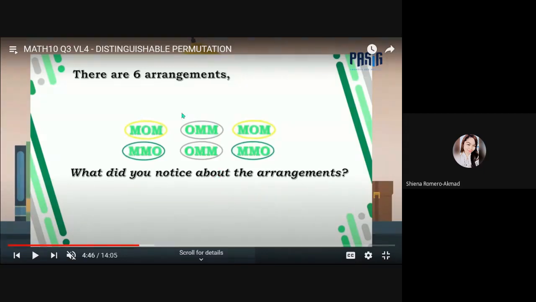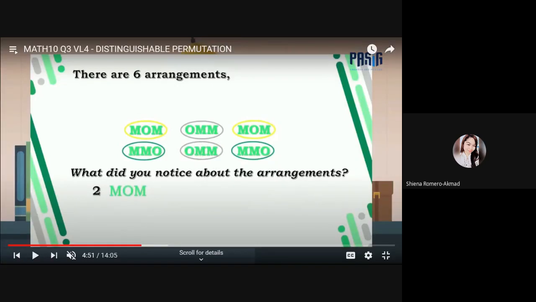As you look at the given here, those that are encircled with yellow, they are the same. Encircled with gray, same din sila. And those that are encircled with green, they are also the same. So what did you notice about the arrangement? There are arrangements that are the same.